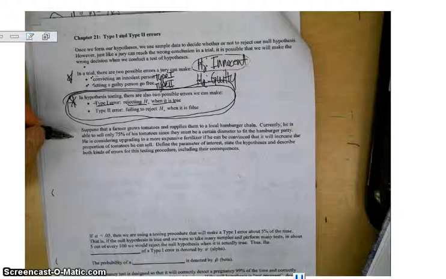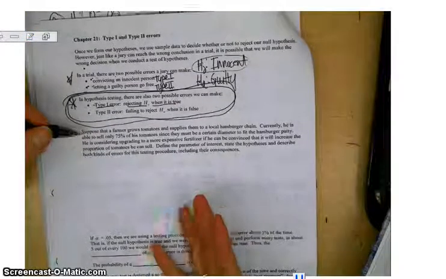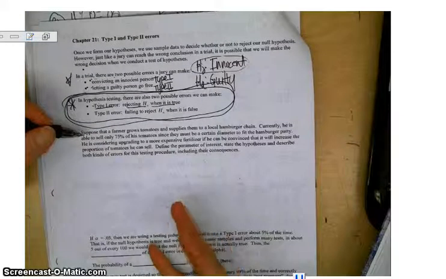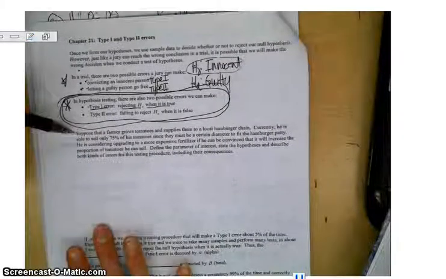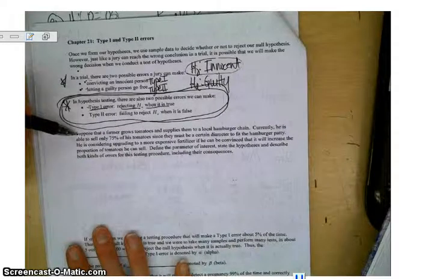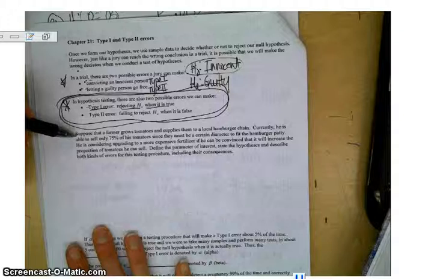So your job will be to make a decision or describe what a type 1 and type 2 error are in different situations and what is the consequence. So we've got a farmer here. He only grows tomatoes and supplies them to a local hamburger chain.